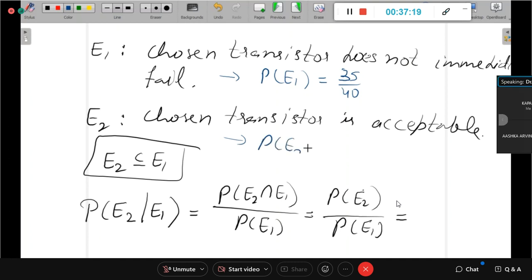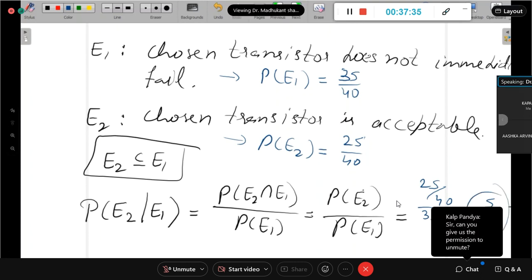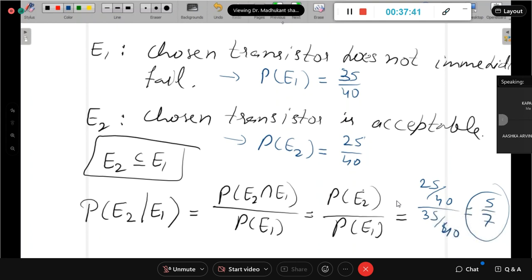And the probability of E2, acceptables, is 25 out of 40. So you have 25 out of 40 divided by 35 out of 40. So this is going to be 5 by 7. Okay, right.